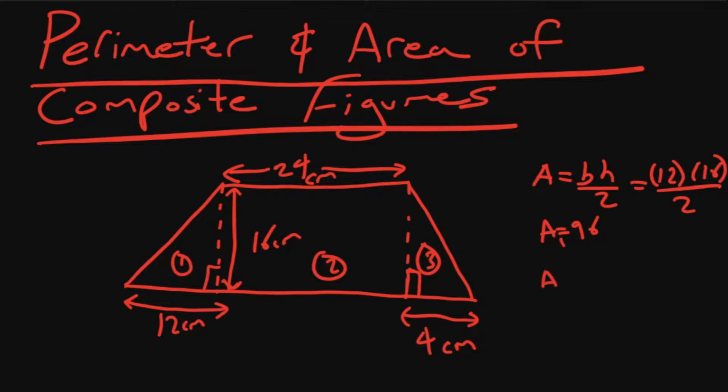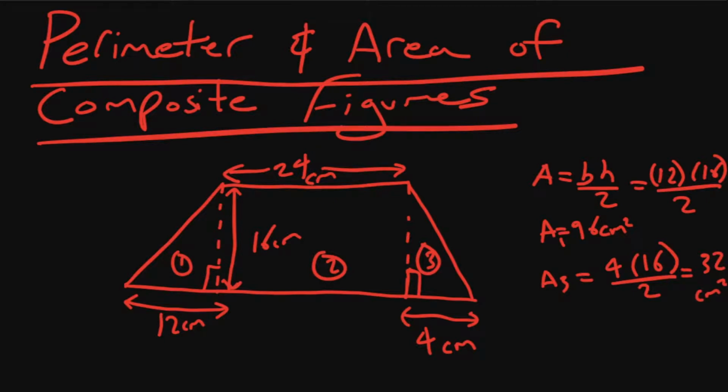That's triangle 1, and then part 3, the area of the third part, which is the second triangle. That one's also base times height divided by 2, and the base here is 4, and the height is still 16, and then we divide it by 2. That leaves us with 32. Again, these areas are in cm squared.